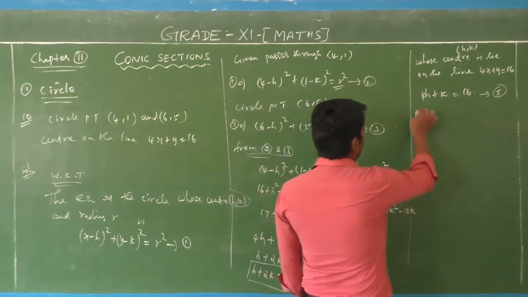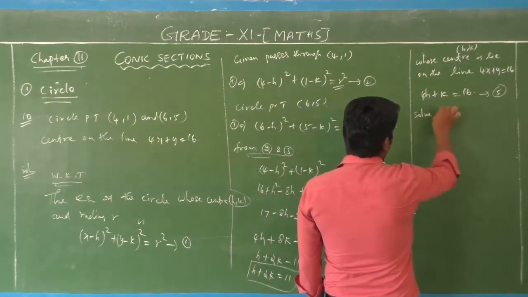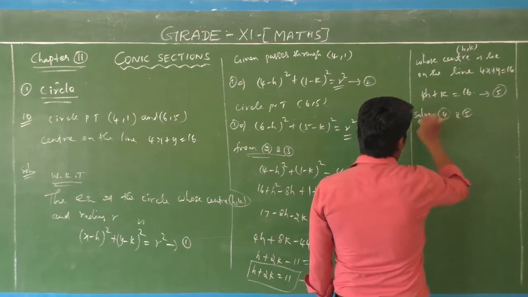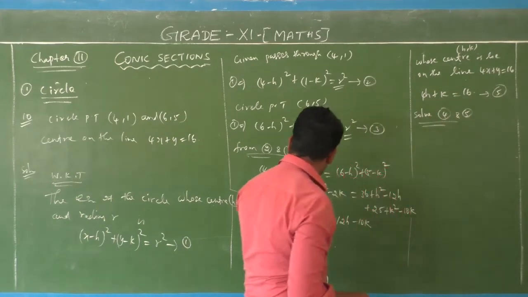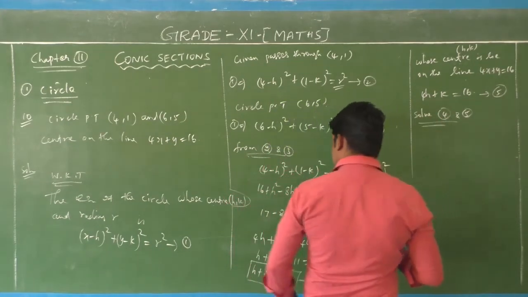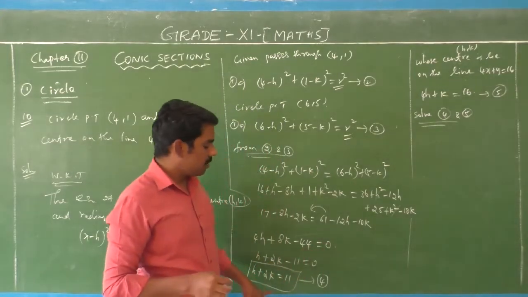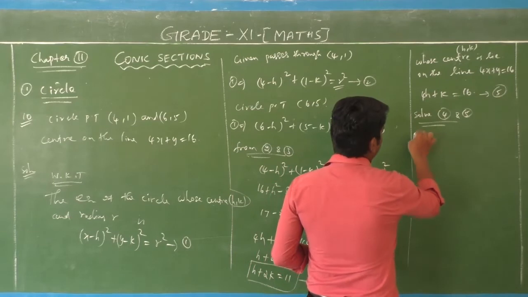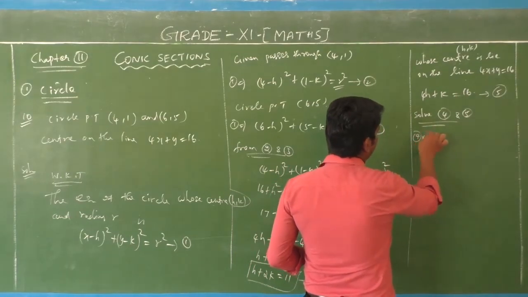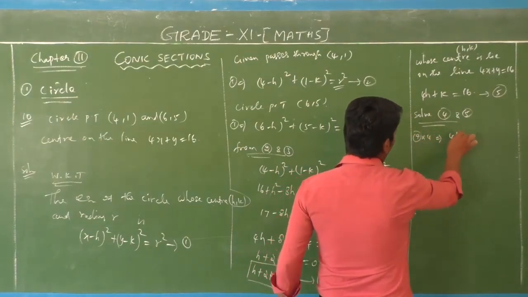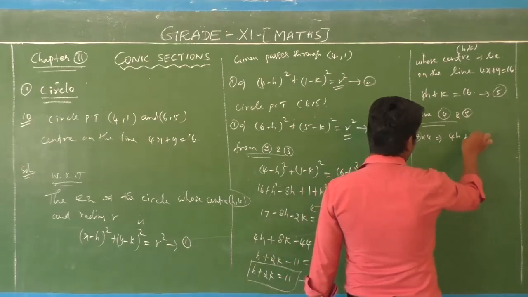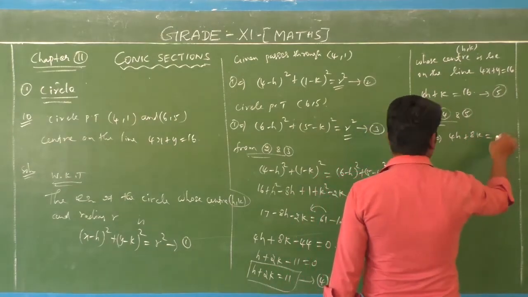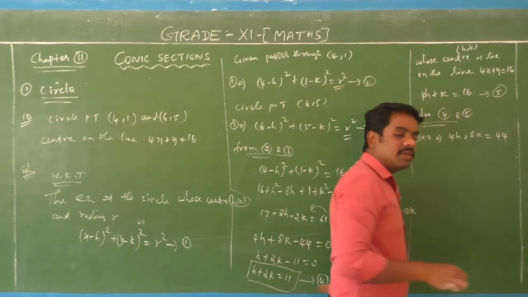Solve equation number 4 and equation number 5. Here equation number 4 is h plus 2k equal to 11. Multiply by 4 on both sides: 4h plus 8k equal to 44.